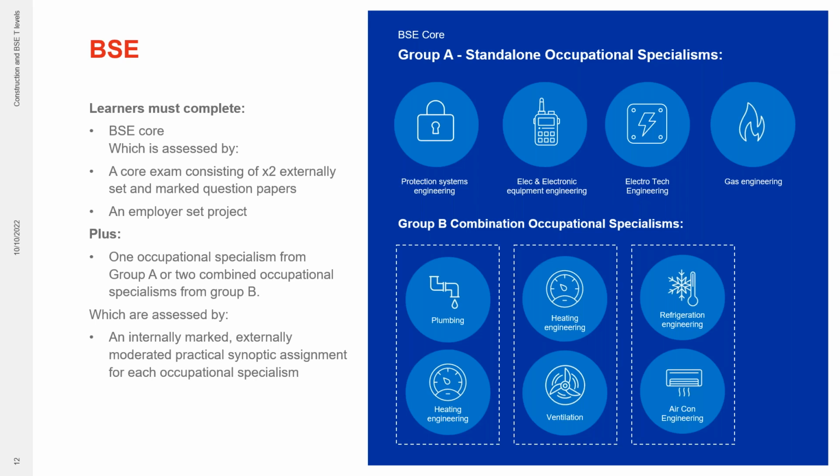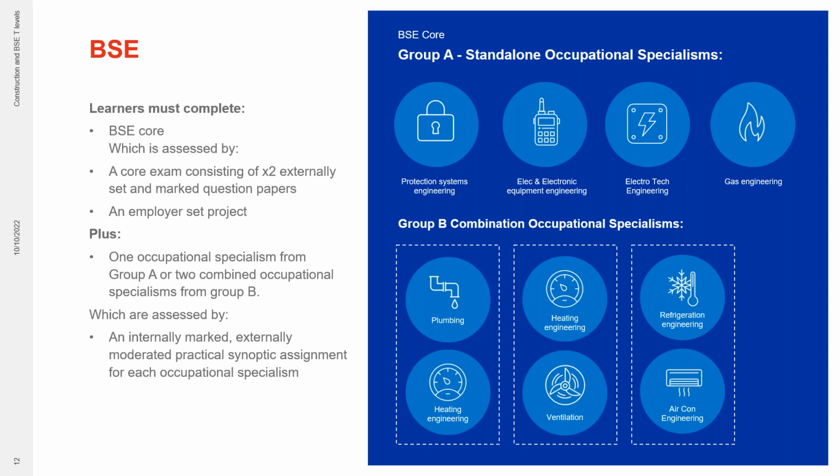And then in group B, at the bottom of the slide, we've got some combined occupational specialisms. So we've got specialisms which are paired to each other. So when this was first developed, there was an opportunity for learners to choose, let's say, refrigeration and heating engineering or air conditioning and plumbing, and we fed back and said that can't really work for centres.